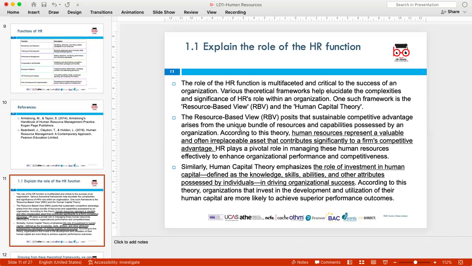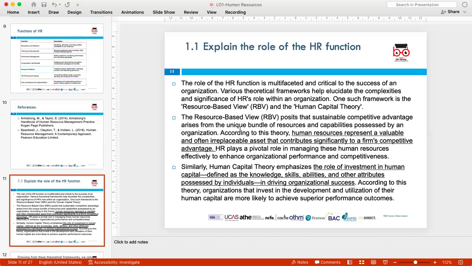VRIO. By focusing on all these unique resources, Apple maintains a strong competitive edge in the technology market. So, HR plays a pivotal role in managing these human resources effectively to enhance organizational performance and competitiveness.